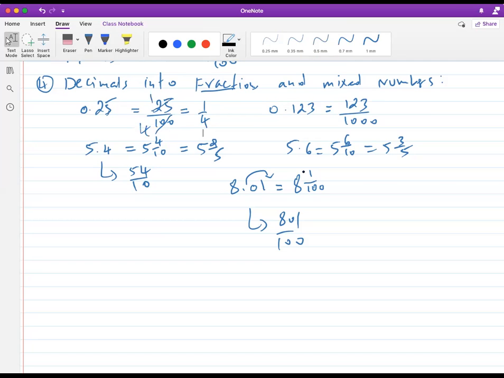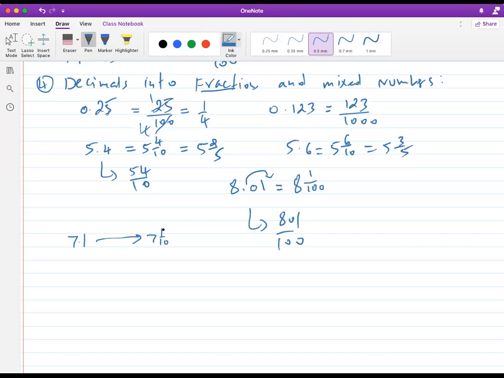So for the 801 over 100, you are basically removing the decimal? You lost me there. So let's say you have 7.1, depending on what the question says. This is a decimal. Let's turn this into a mixed number. If the question says turn it into a mixed number, what is it? 7 and 1/10.